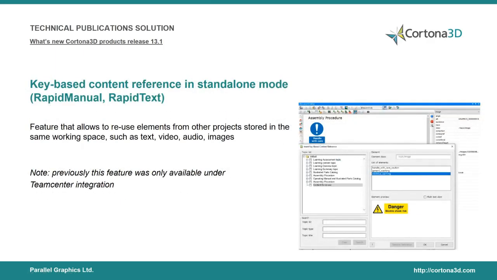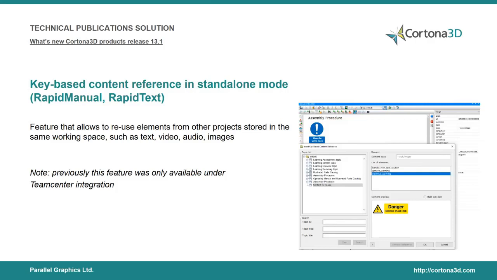Next, in standalone mode specifically, for DITA specifications, we added the so-called key-based content reference feature, which allows you to reuse elements from other projects stored in the same working space. This could be images, text, as you can see here, pretty much anything. This feature was previously available, and for a very long time only with Teamcenter integration.